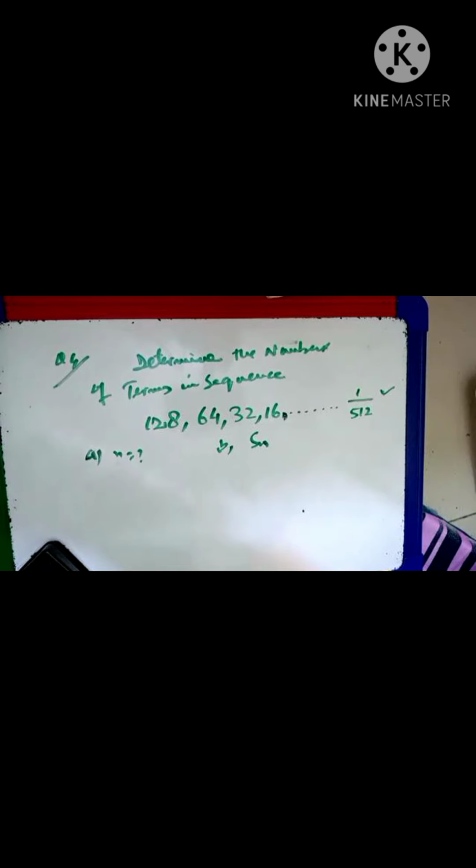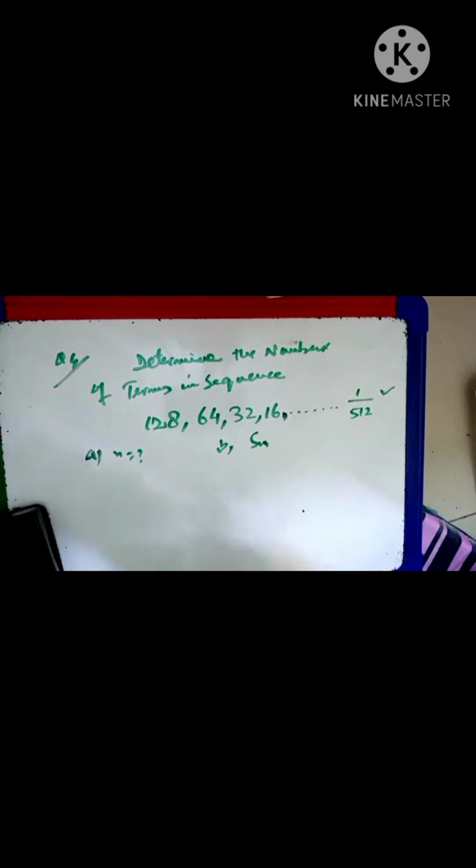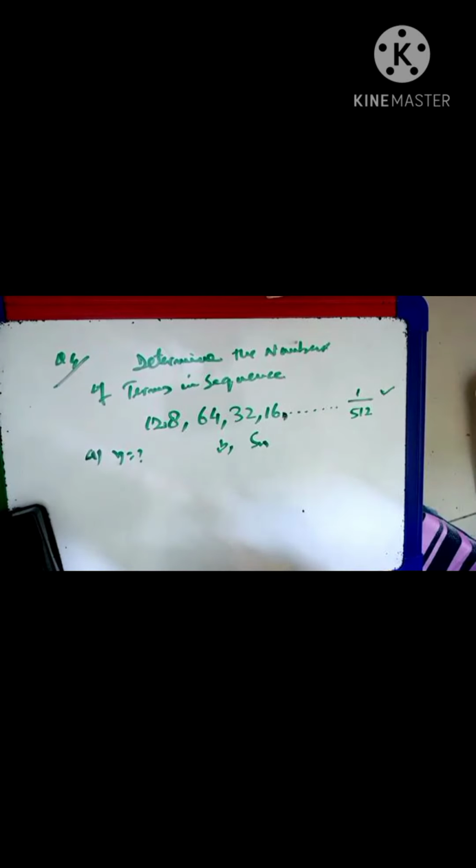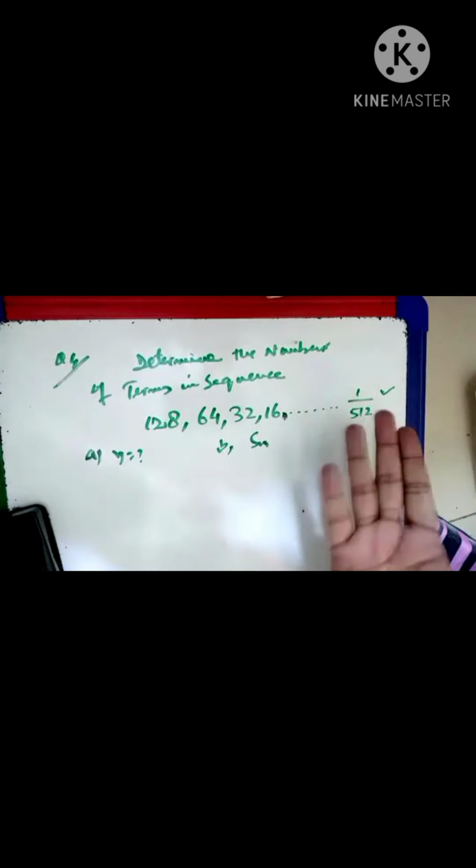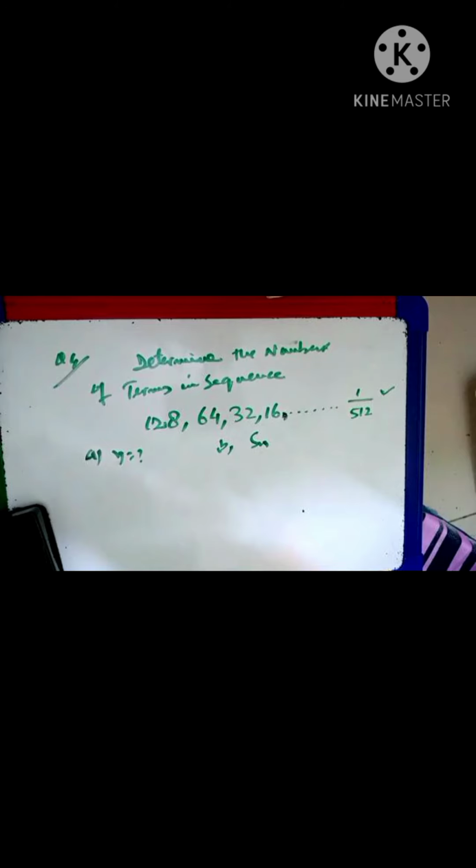I hope you can handle it. A is just finding R? A is n. You will find n, right? How many terms are in this sequence? R, of course, you know R. This is the first term and this is the last term.